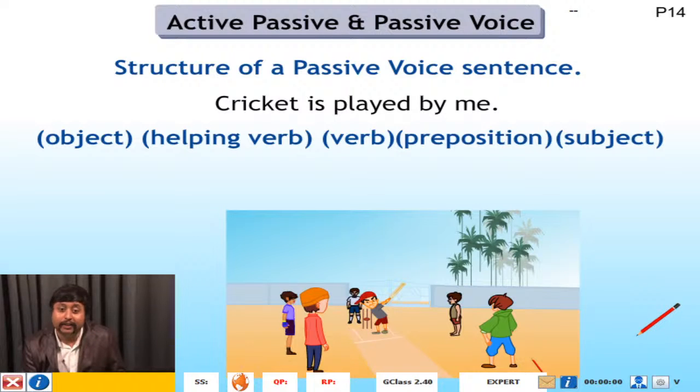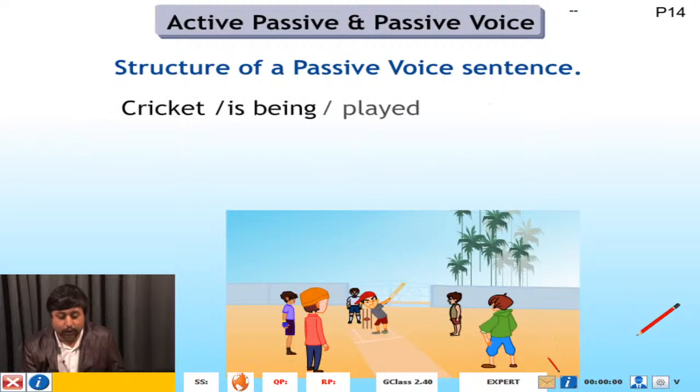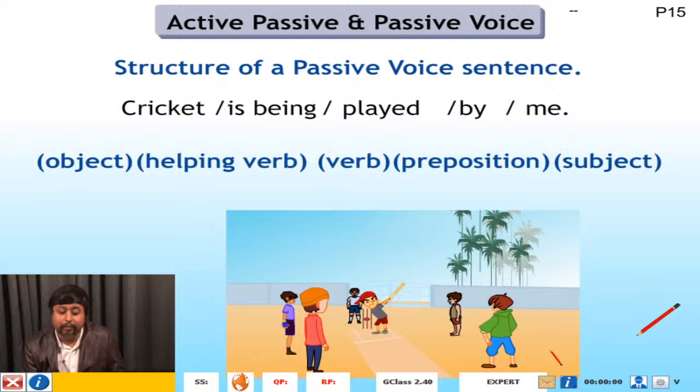Whereas the structure of a passive voice sentence, how is it like? Cricket is played by me. Object, helping verb, preposition and subject, right? Cricket is being played by me. Again, object, helping verb, preposition and subject.